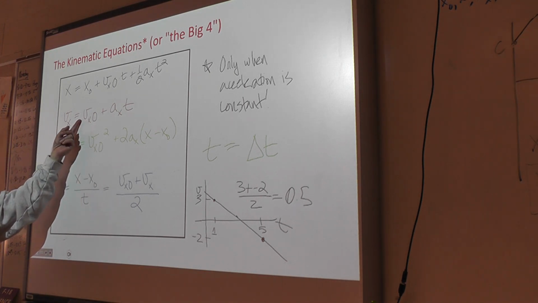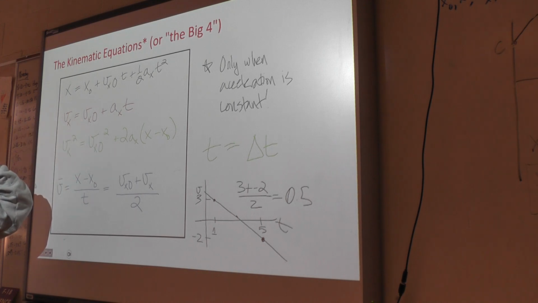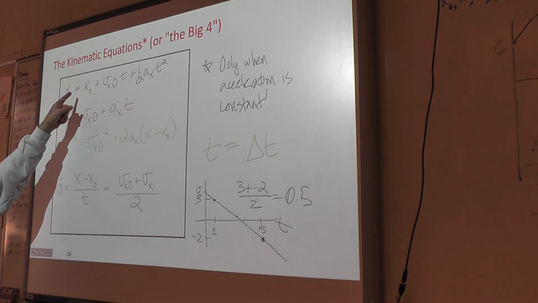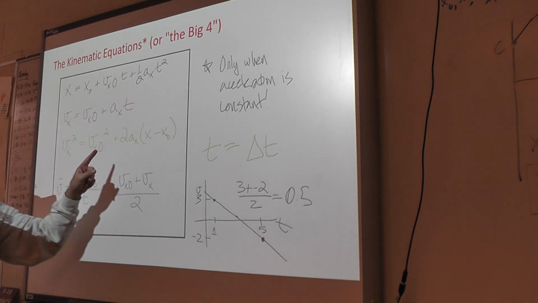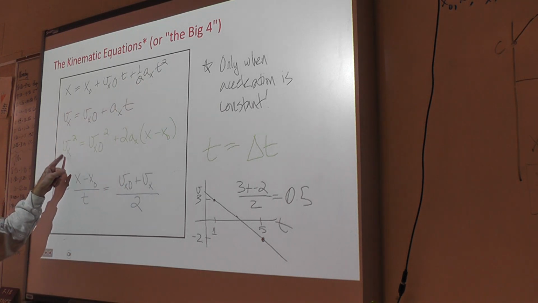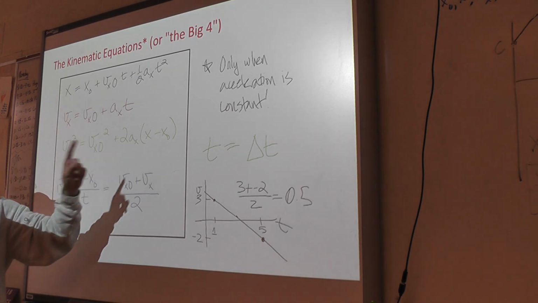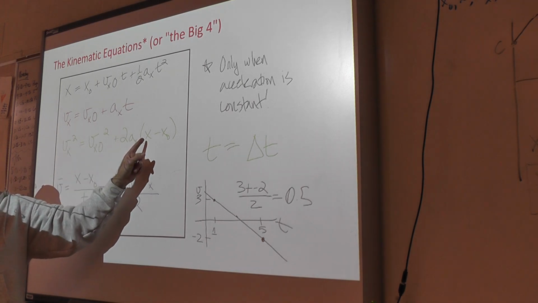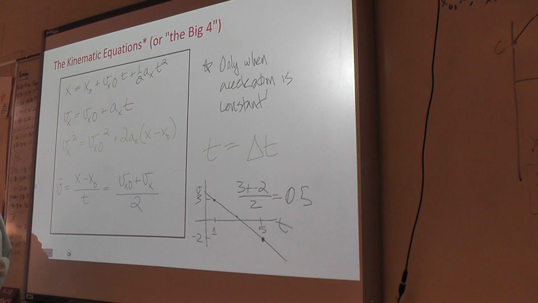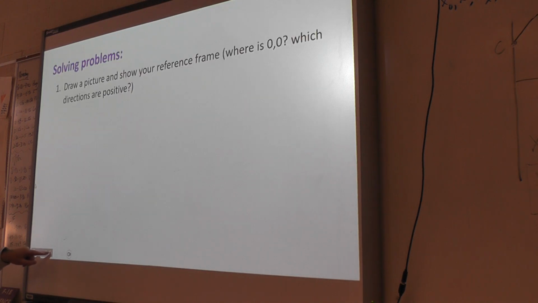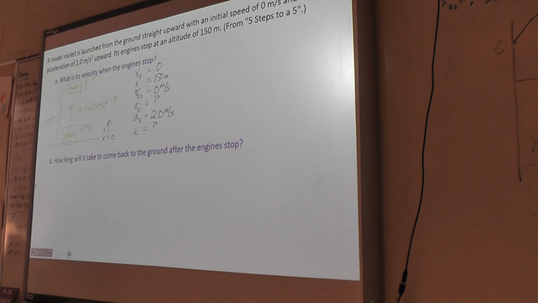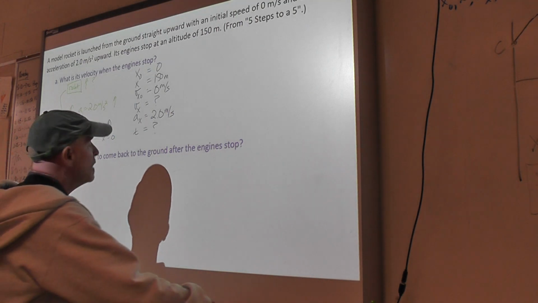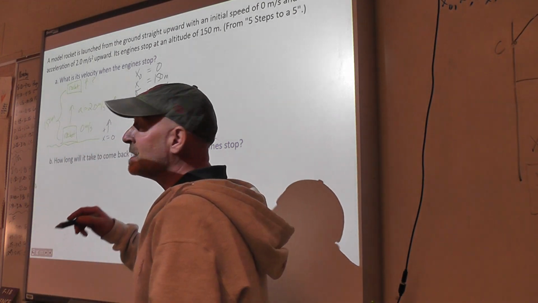This equation isn't going to help you. This equation isn't going to help you either, because you don't have time, and this one doesn't even have final velocity in it. But this one does. This one has final velocity, initial velocity, which we know, acceleration, which we know, and final and initial position, which we know. That's the equation we're going to use. Sorry, there's probably a better way to do this, but I don't know what it is. So the equation we're going to use is that third one.